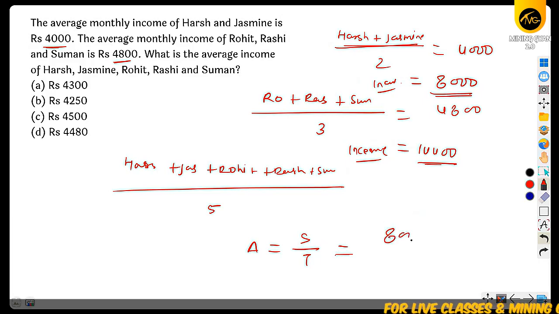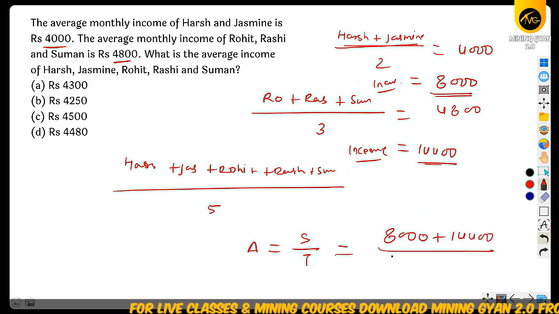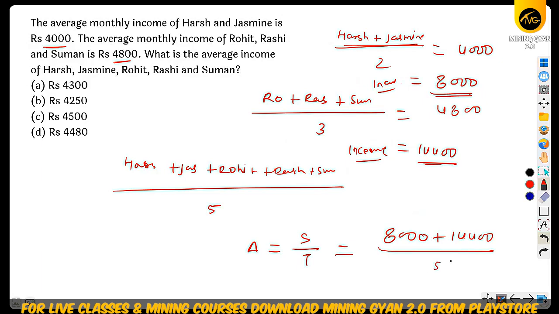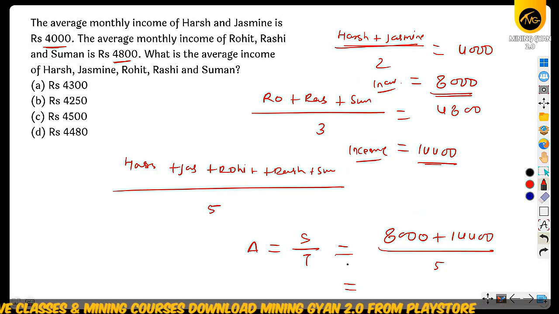So 8,000 plus 14,400, that means 22,400, divided by how many elements we have. Now in this case we have Harsh, Jasmine and Rohit, Rasi and Suman. That means the number of elements is 5. Just calculate these values and you will get the average income.